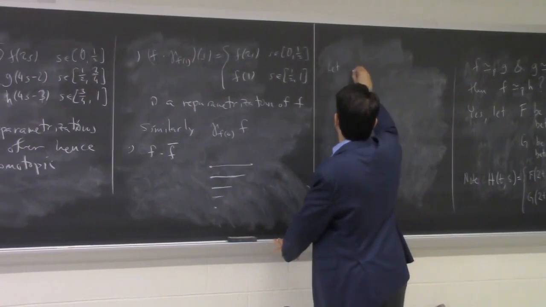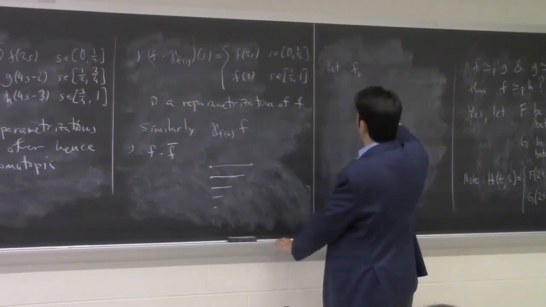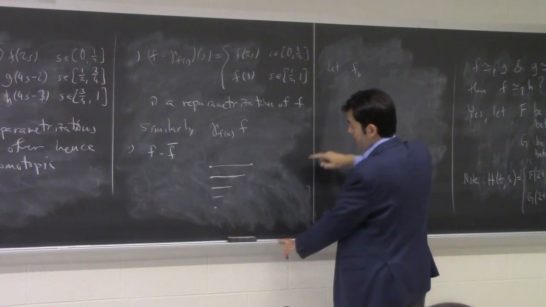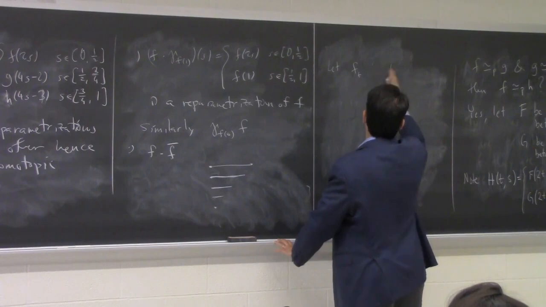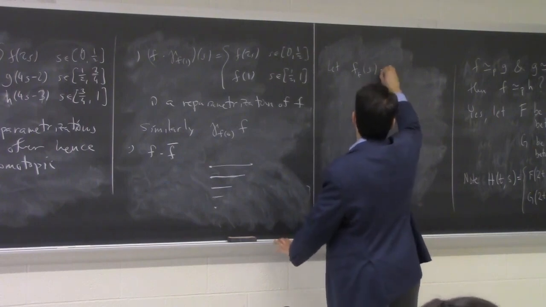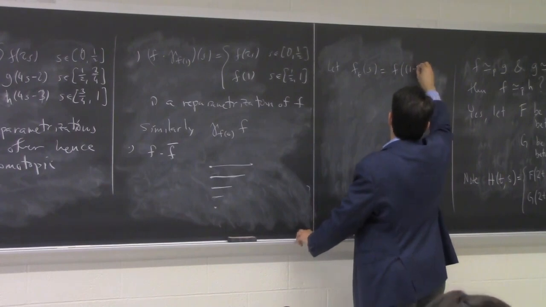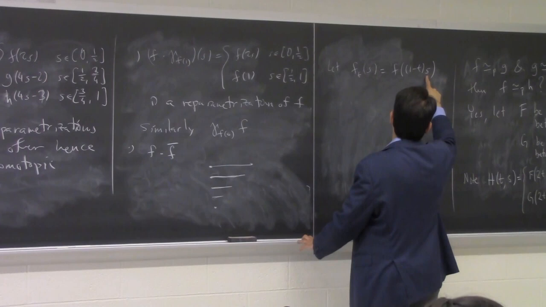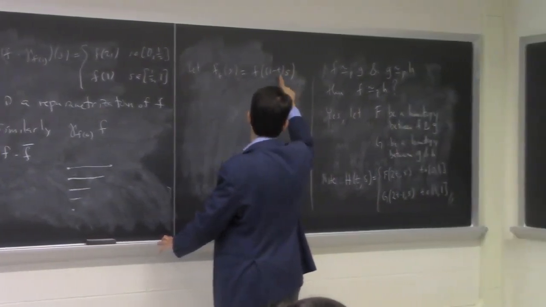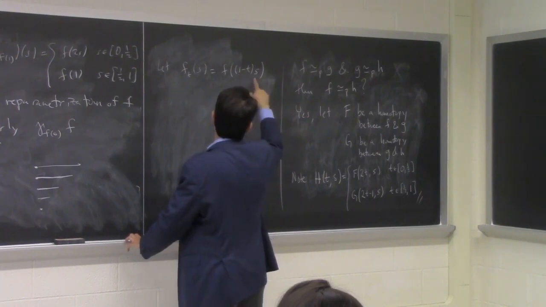So let f sub t be the path. Well, let's write it down. So f sub t of s is equal to f of 1 minus ts, I think will work. When t is 0, that's just f, and when t is 1, that's just f of 0.